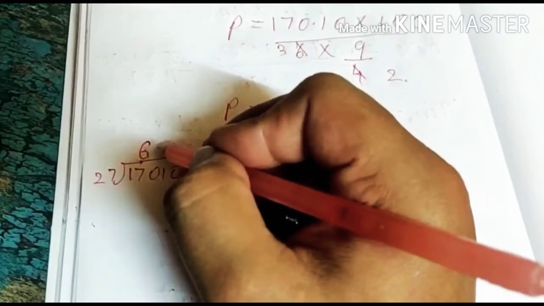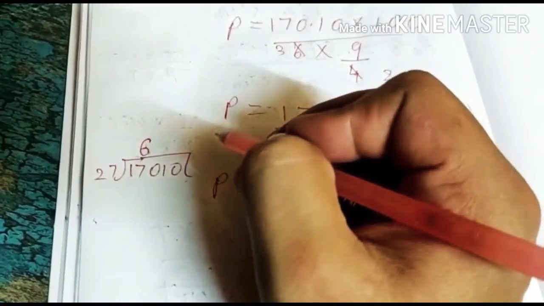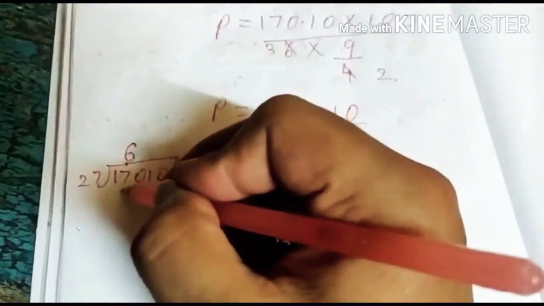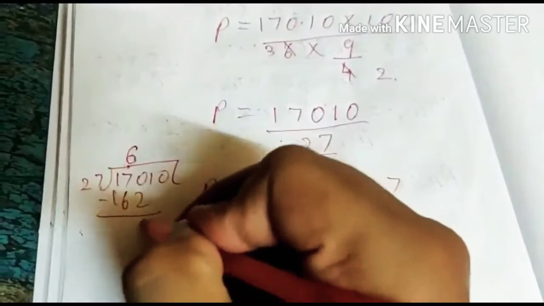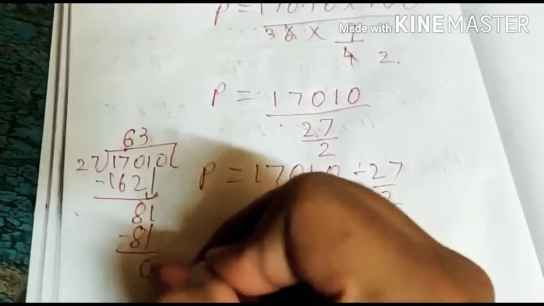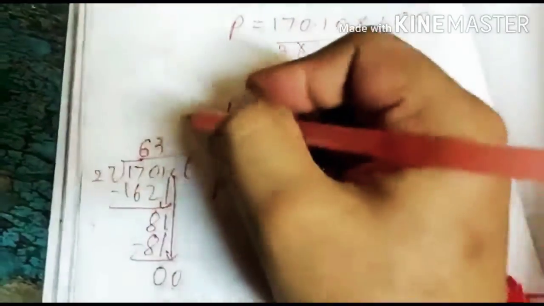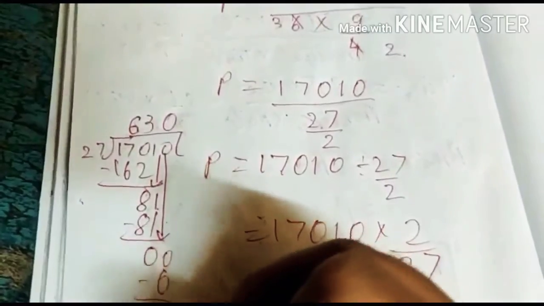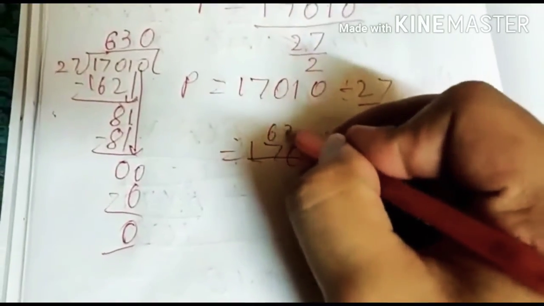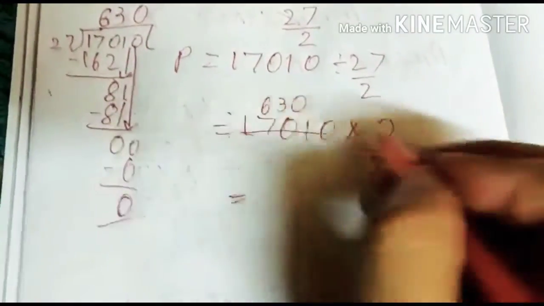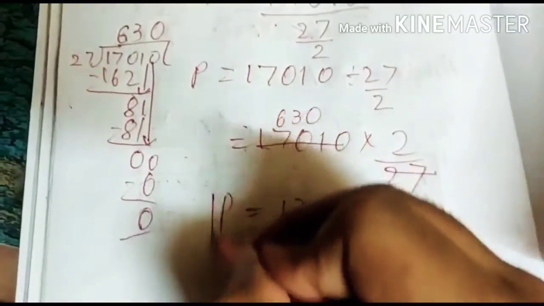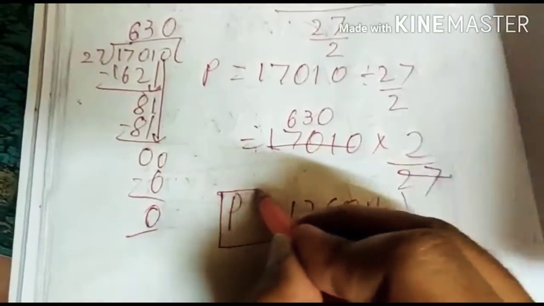It came out to be 630. Okay, 630 into 2 is 1260 rupees. This is our principal.